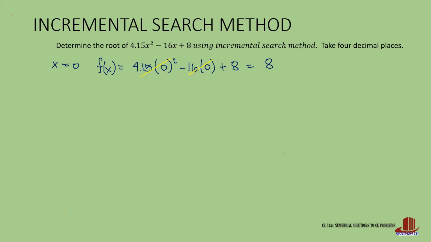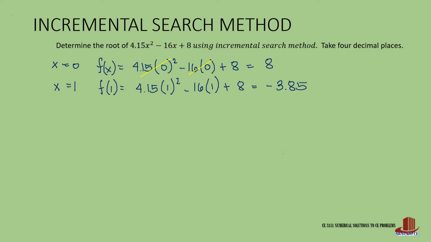Now try another value. Let's say x is equal to 1. Our f of 1 would give us 4.15 times 1 squared minus 16 times 1 plus 8. This would turn out as negative 3.85.